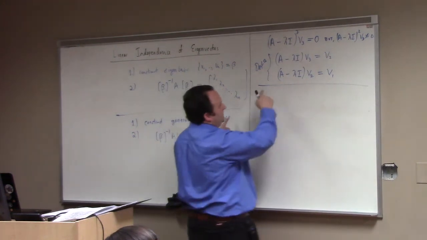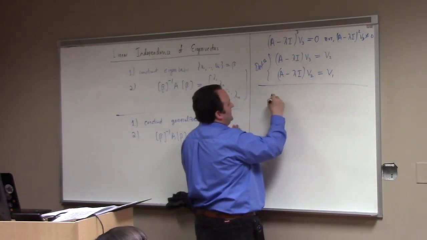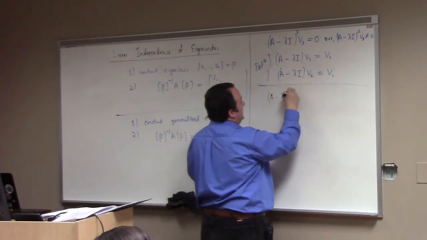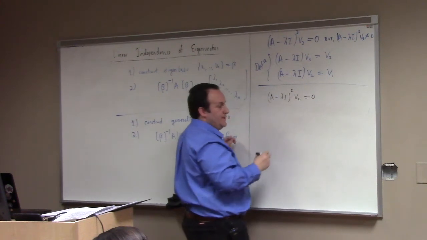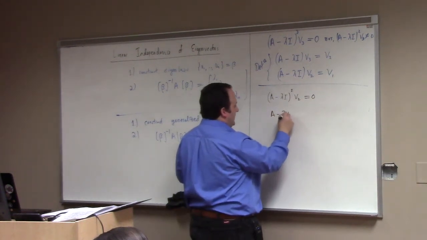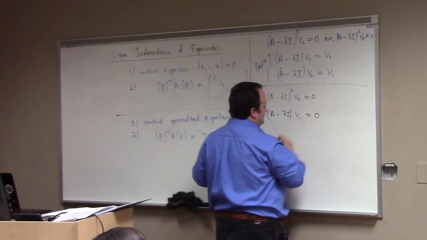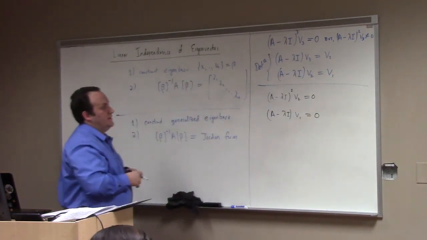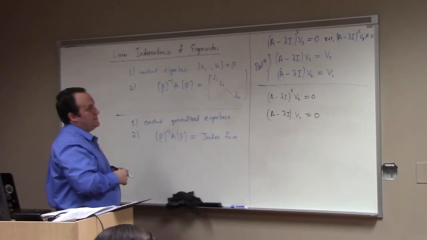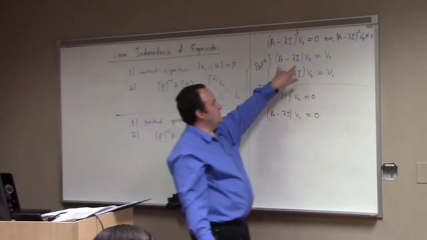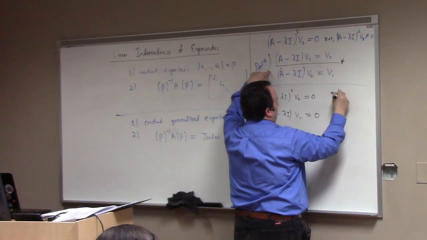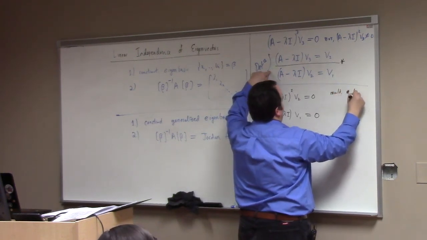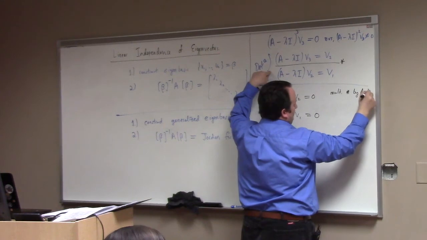Anyway, here you can prove A minus lambda I squared on V2 is equal to 0, and then you can also prove that A minus lambda I on V1 is equal to 0. To get the first thing I wrote, you just take the definition for V2 and multiply by the square. Just multiply star by A minus lambda I squared.